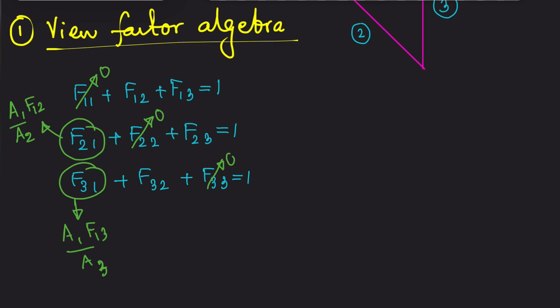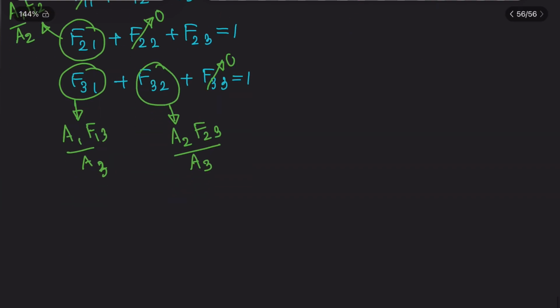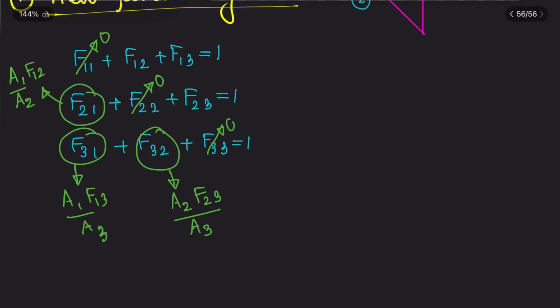Okay, but here A1 is not equal to A3, so there will be a value for A1 by A3, and this is equal to A2 F23 by A3. Similarly now these two values will be equal, A1 by A3 and A2 by A3. That means you have three unknowns, F12, F13 and F23. You have three unknowns, three equations. By this you can solve for F12 or F21.